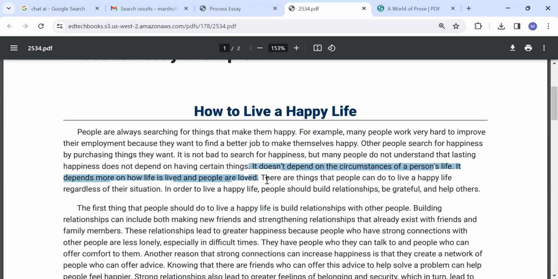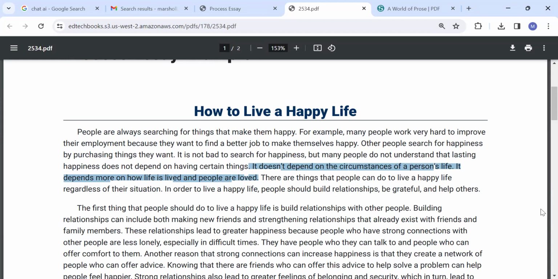Okay? So here we have definitions of what people think is happiness. So sometimes people think happiness is having a better job. Sometimes they think it is owning things. Sometimes they think that they shouldn't even look for happiness or they shouldn't have happiness. But all of these things do not determine happiness per se, right?